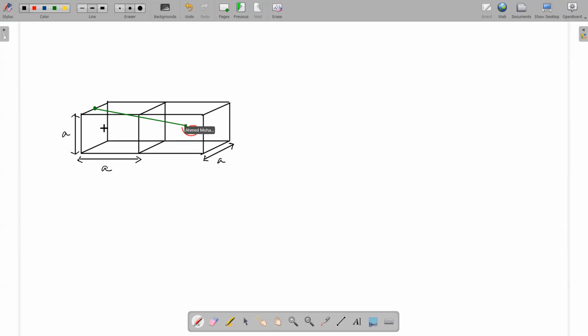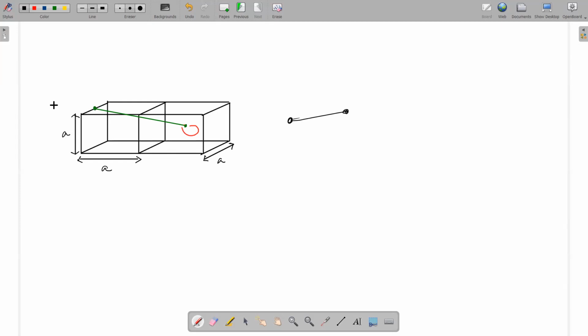Here at this point, the value will be A into root 3 by 2. But you cannot tell me the distance of a point; distance has to be from two points.